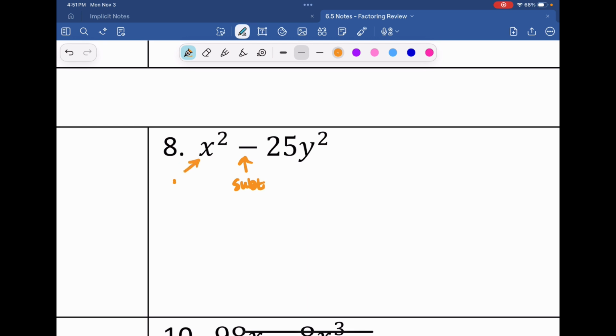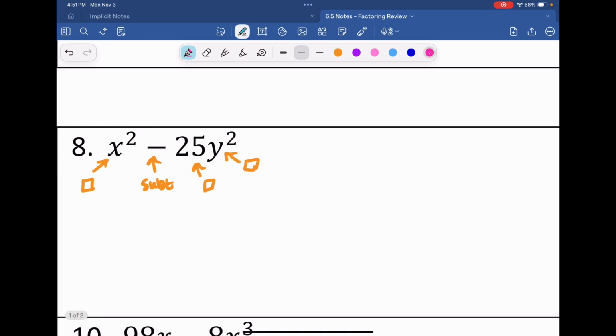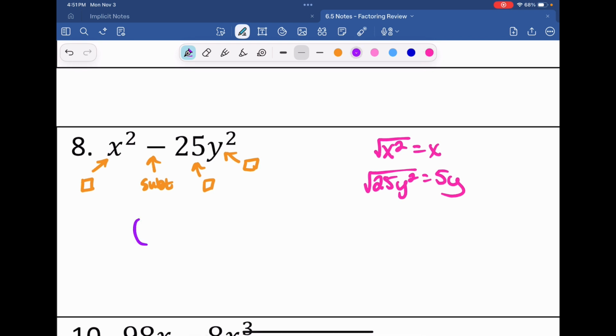X squared is an even exponent. 25 is a square, and y squared is a square. So take their square roots. Add and subtract.